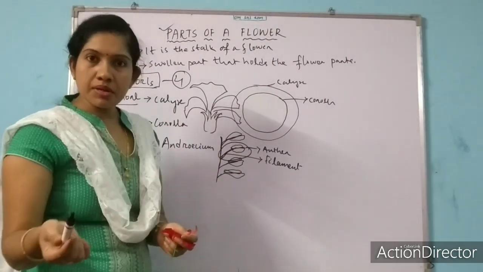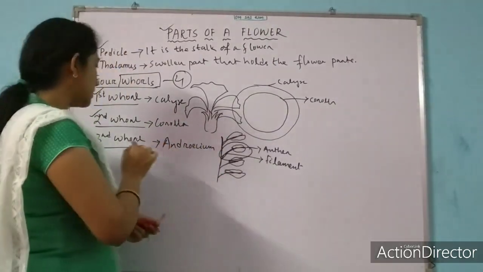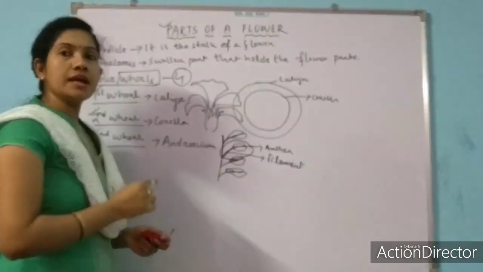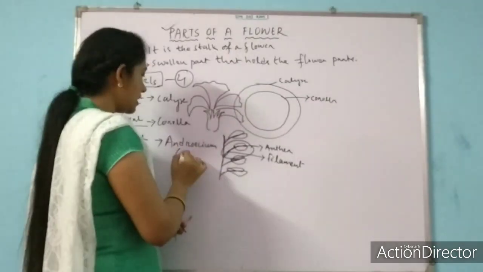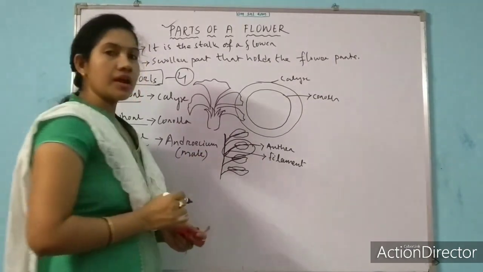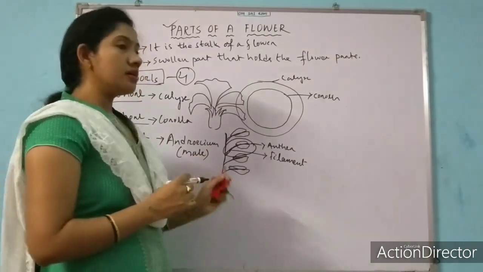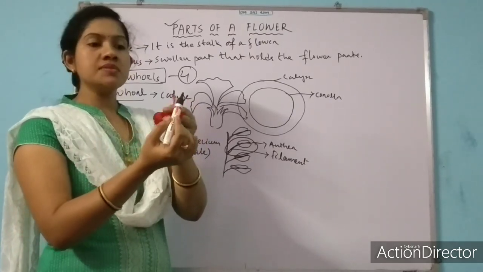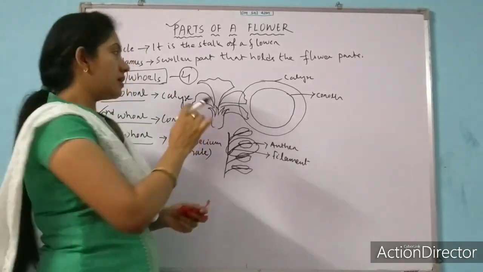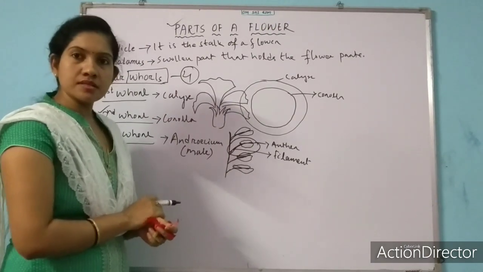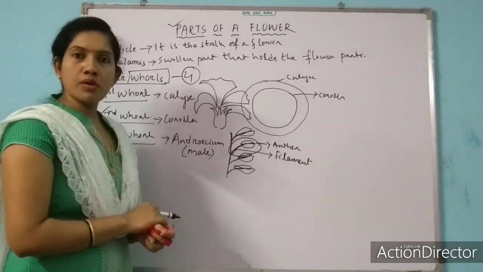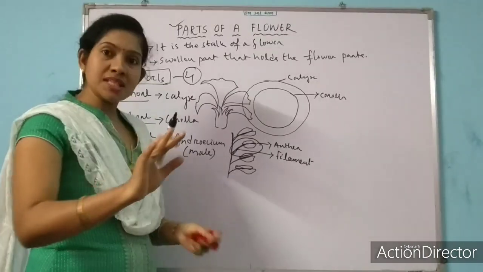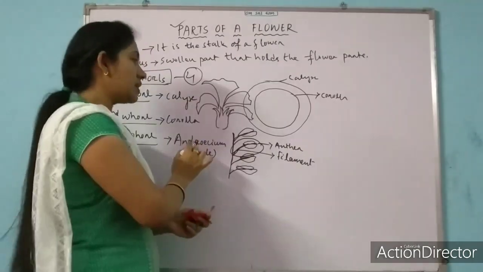So again I am repeating about the third whorl. The third whorl of a flower is known as androecium. Androecium consists of a number of stamens, as a number of sepals collectively form calyx, and a number of petals collectively form corolla, a number of stamens collectively form androecium.